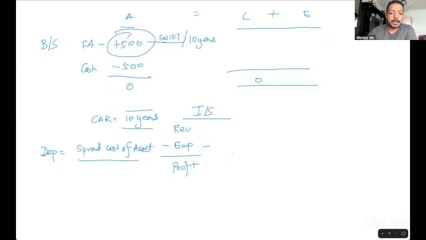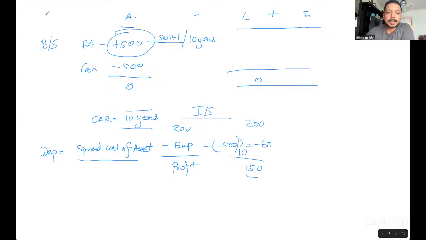So minus 500 divided by 10. So basically we're just going to take a 50 expense in the income statement for now. Let's say the revenue was 200. So now we've got profit of 150.